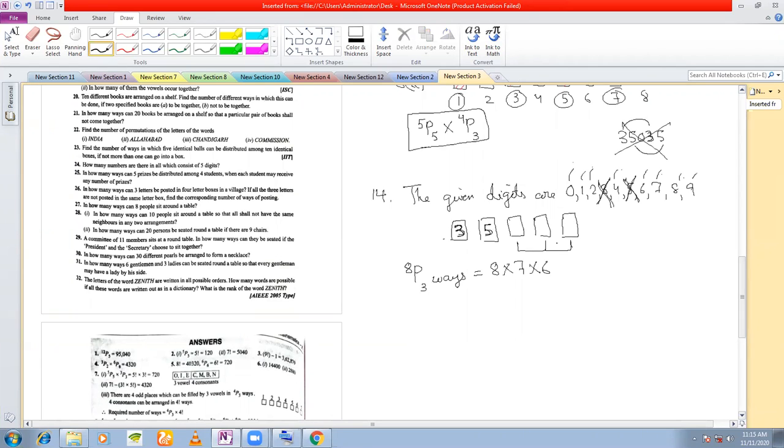That means you can use 3, 5 once again in these three places. In fact, you can use all the digits in these three places. Now see the first place. In how many ways can you occupy this place with 10 digits? In 10 ways: either a 0, or a 1, or a 2, or a 3, or a 4 and so on. That means in 10 ways you can occupy the first place.